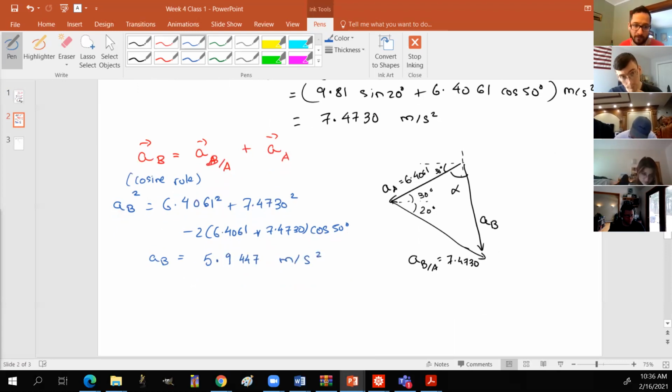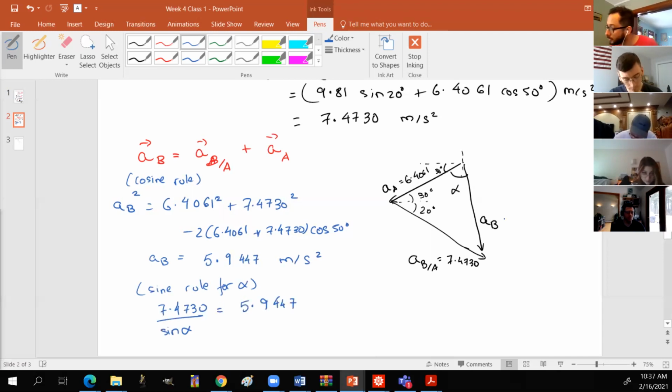And then you also want to find an angle, right? So find this angle alpha by using your sine rule. You can say that 7.4730 divided by sine alpha is equal to 5.9447, which is this guy, divided by sine of 50, right?